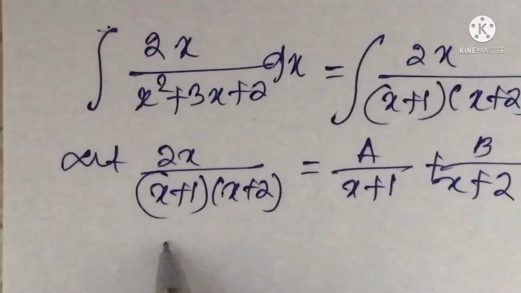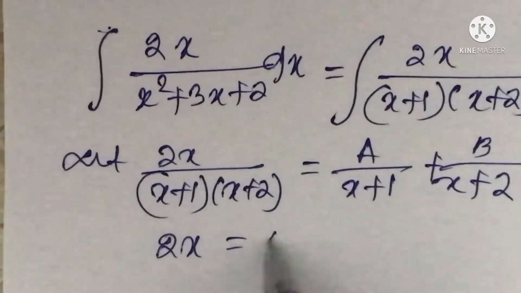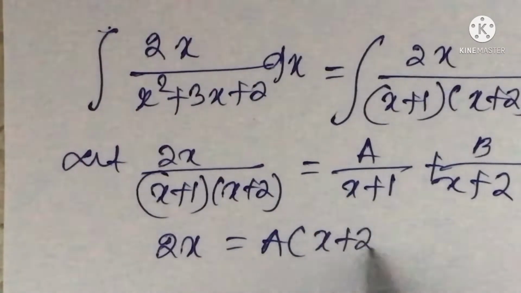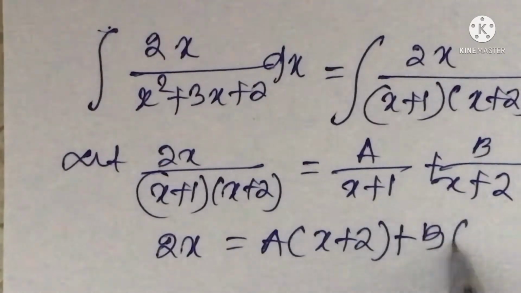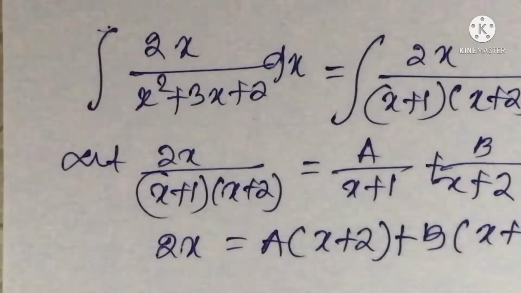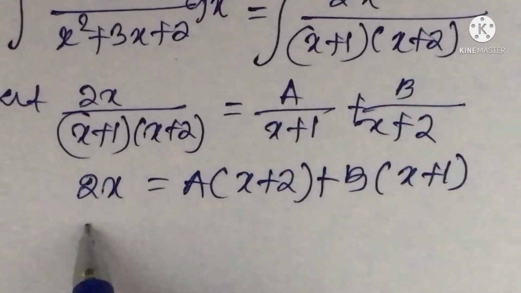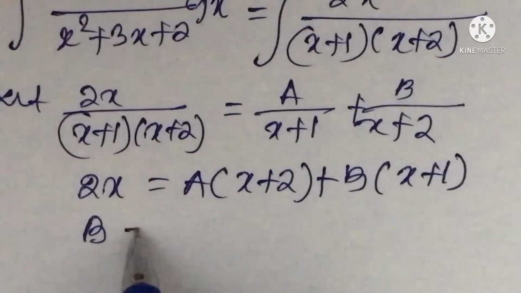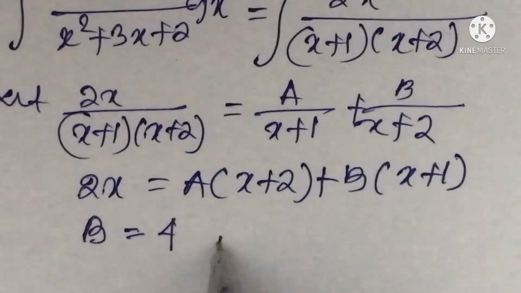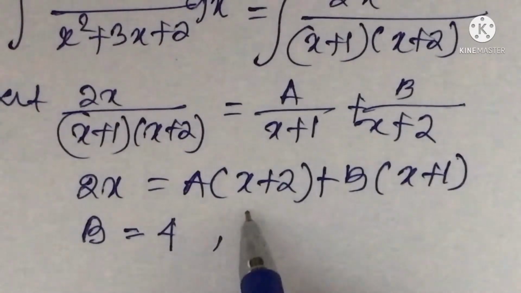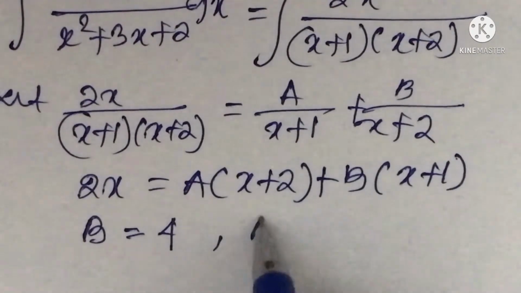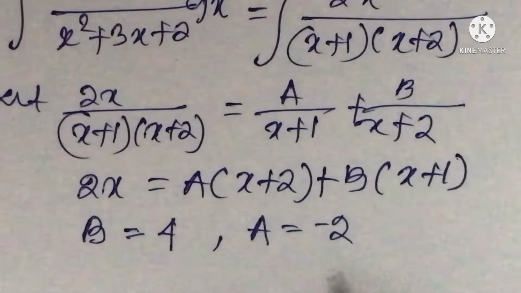On simplifying, we get 2x is equal to a into x plus 2 plus b into x plus 1. Putting x is equal to minus 2, we get b is equal to 4, and on putting x is equal to minus 1, we get a is equal to minus 2.